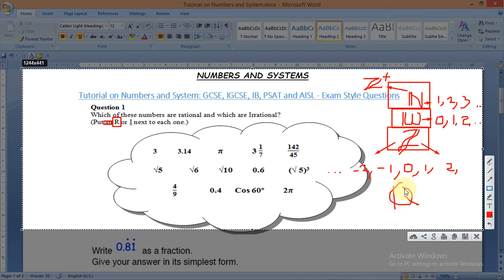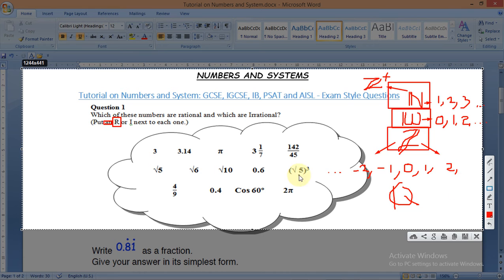Terminating decimal fractions. If not terminating, then recurring decimal fractions. So you can define rational numbers in 2 ways. Okay, so now let's go ahead. Here this will be red because this is a counting number.